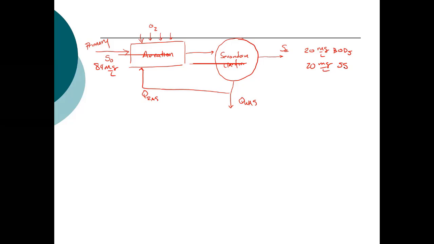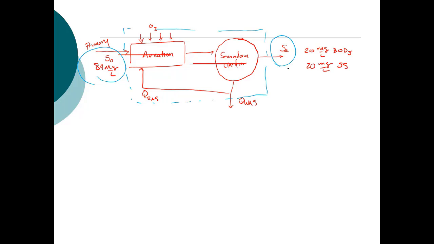We need to draw a system boundary, and what we're going to do is draw the system boundary around this entire process. So when we're looking at flows, we have the flow in from the primary tank, we have a flow out, and we have a flow from the waste activated sludge.